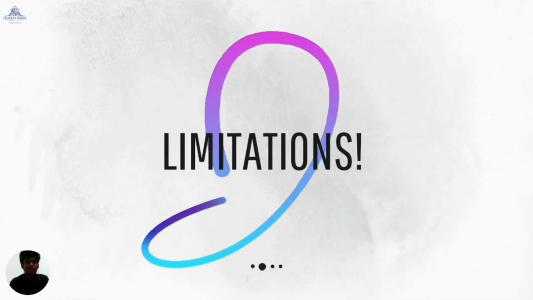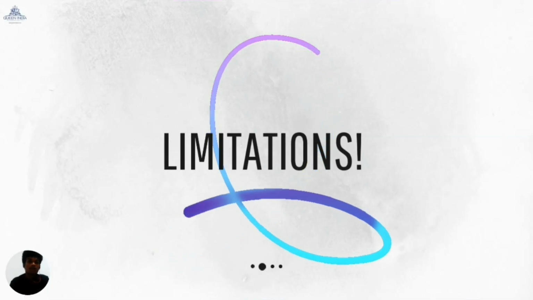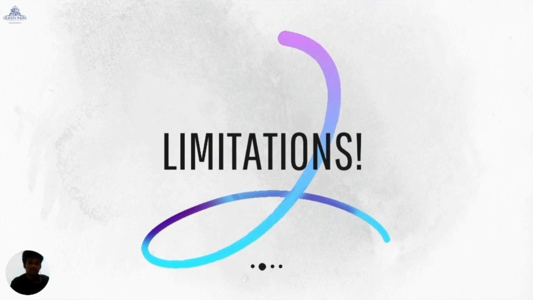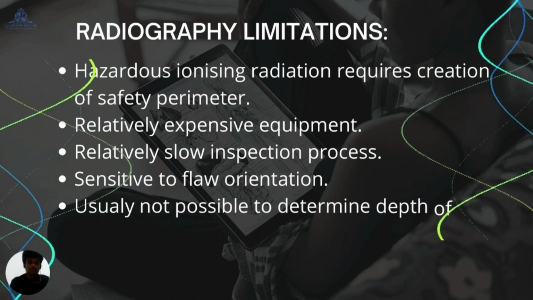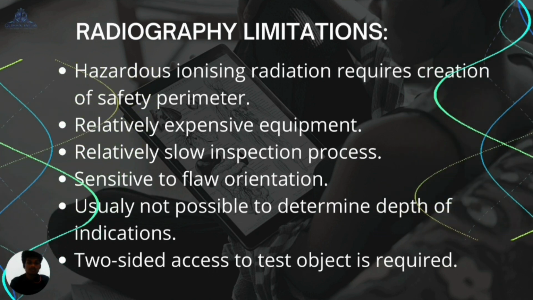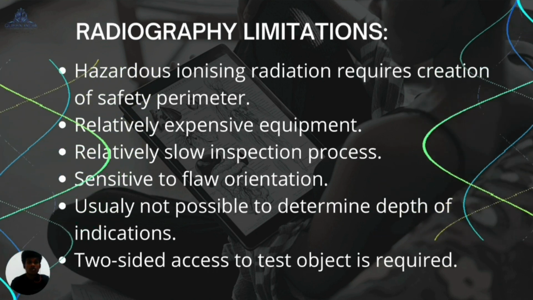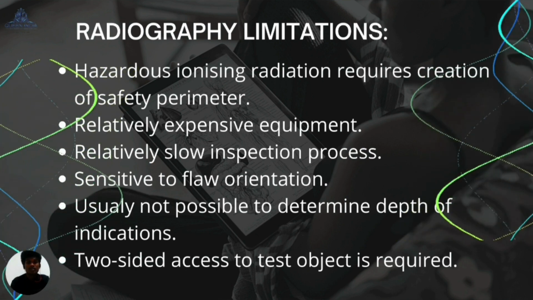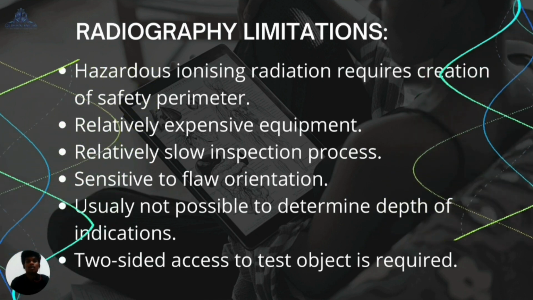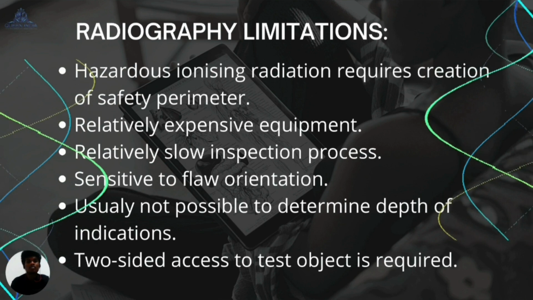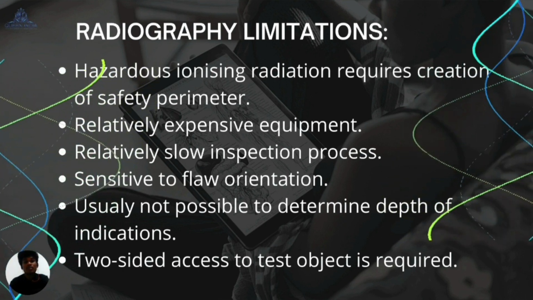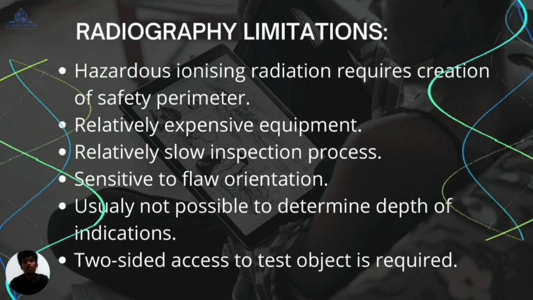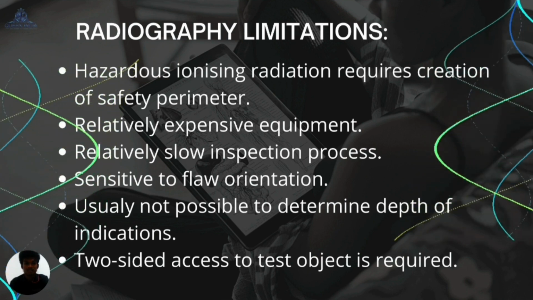Now let us see the limitations of radiographic testing. Number one, radiographic testing should be done in a closed area because of hazardous radiation. So a safety perimeter is very much required in radiographic testing.